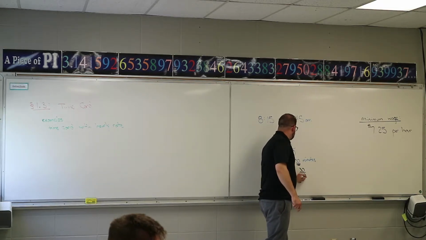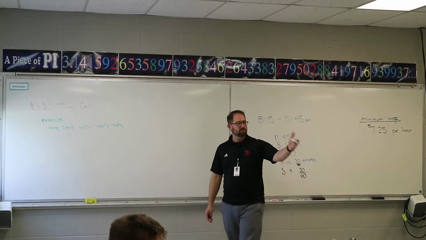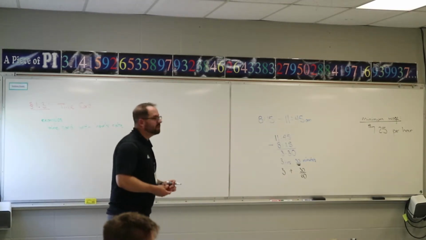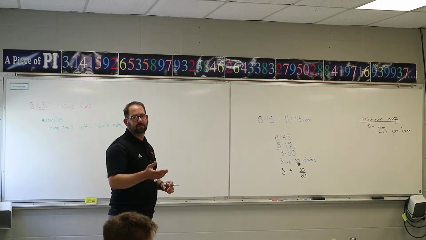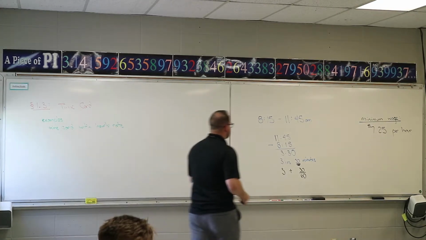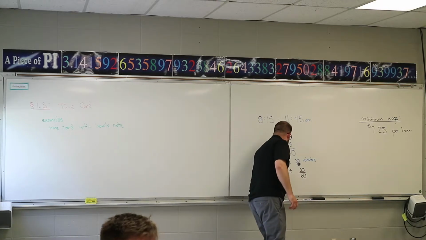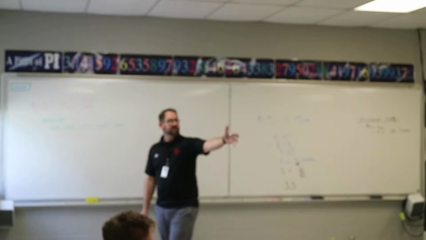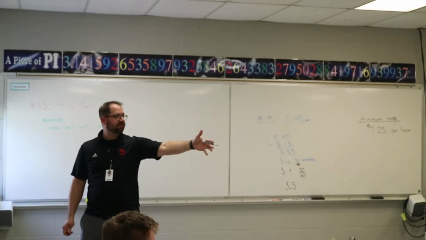So if you divide this by 60 on a calculator, what do we get? You probably already know. 30 divided by 60? Half. 0.5. Was I right? It said 0.5 on the screen, right? Half.